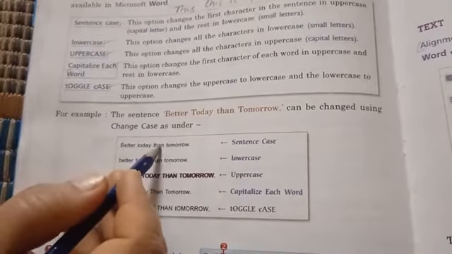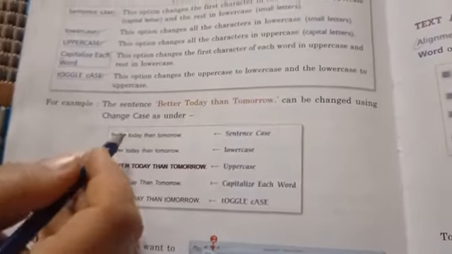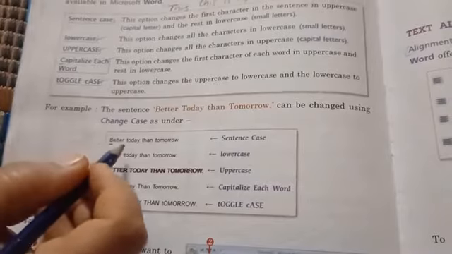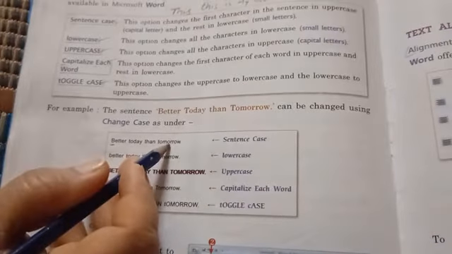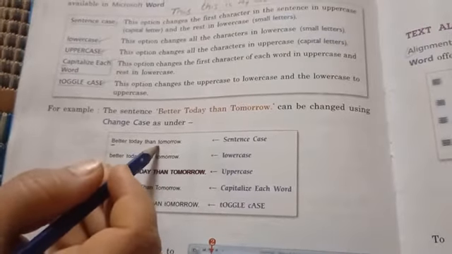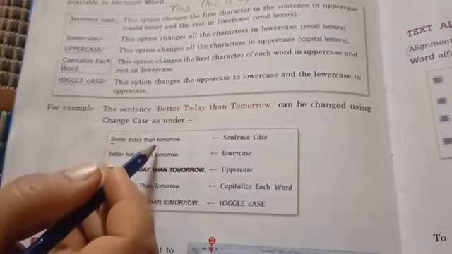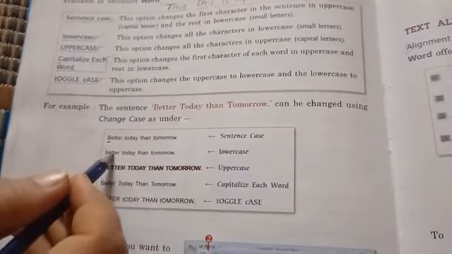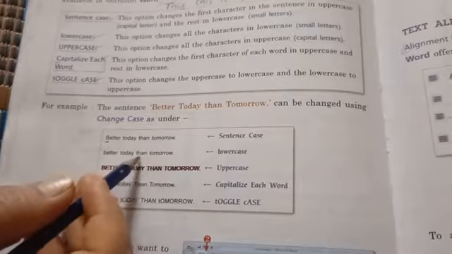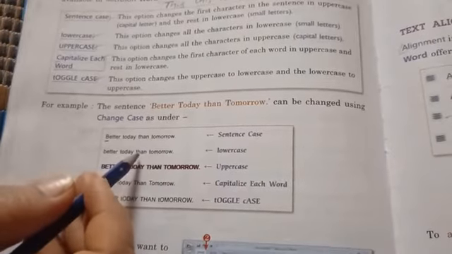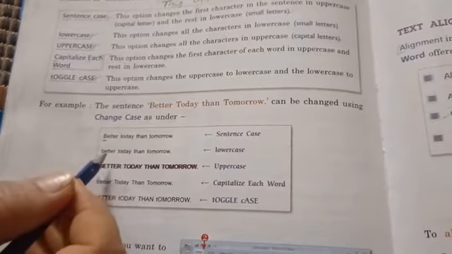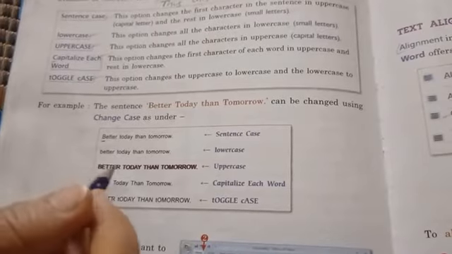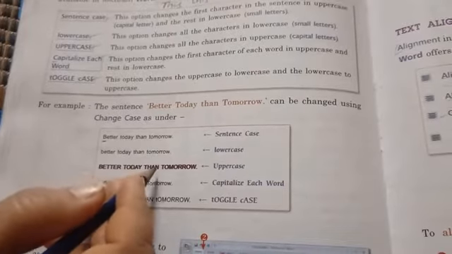Better today than tomorrow. In this only B is capitalized, others are small. So it will be sentence case. Better today than tomorrow. All are small letters. So it is lowercase. Better today than tomorrow.